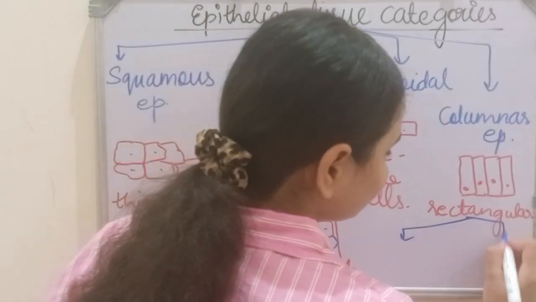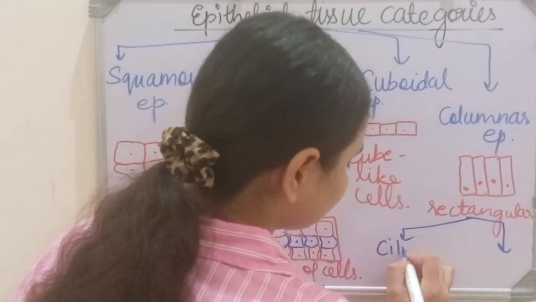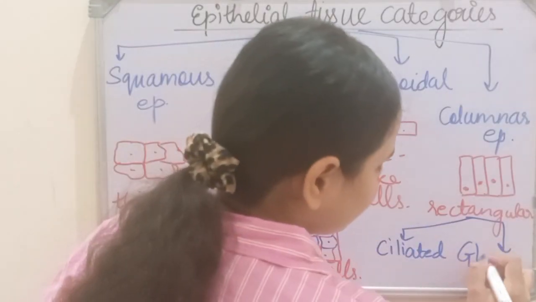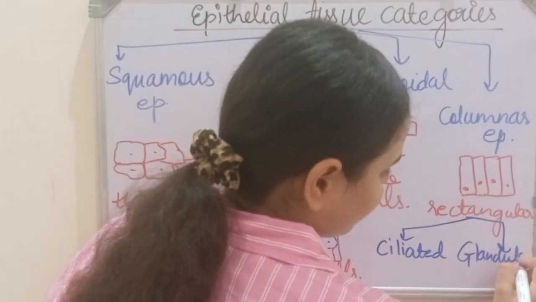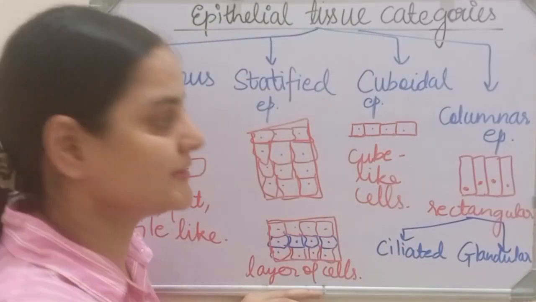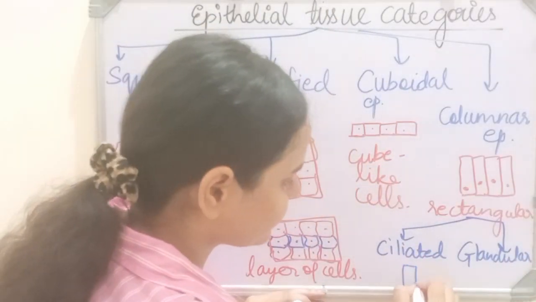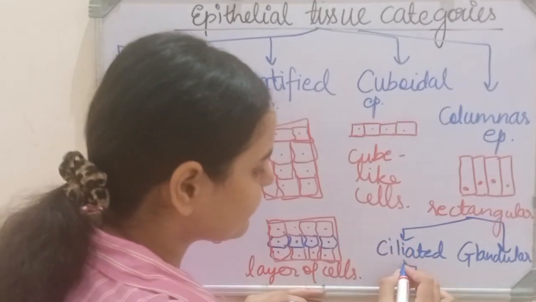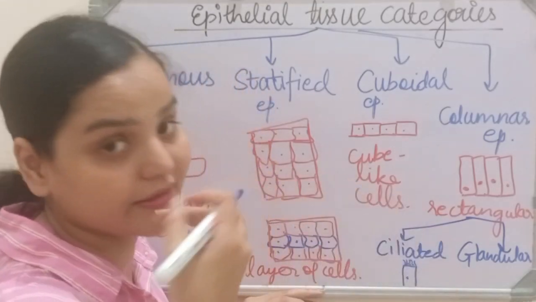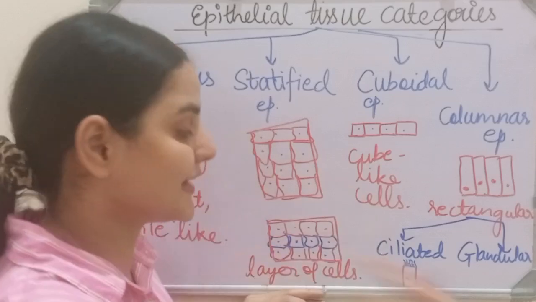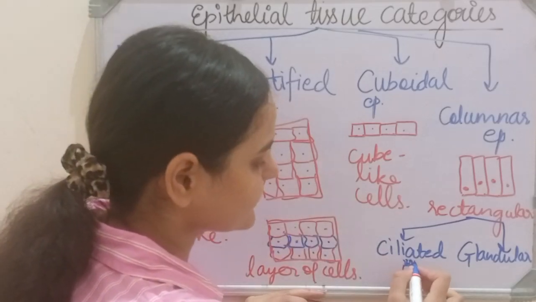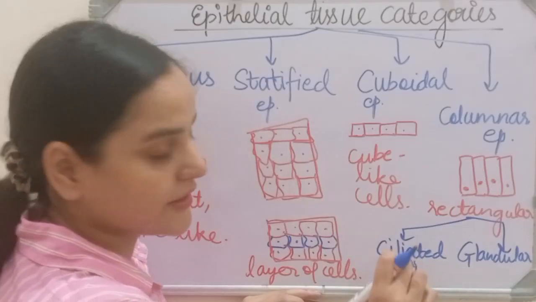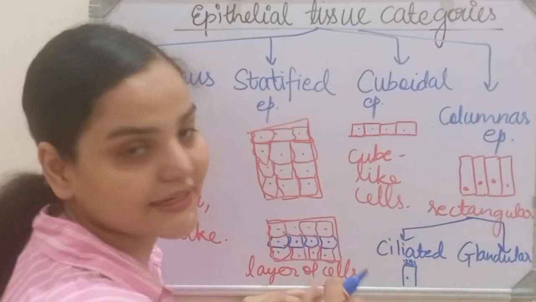Now, based on the function these columnar epithelium perform, it is further divided into two categories. One is ciliated and the other is glandular. So in ciliated epithelium, suppose this is the columnar epithelium. On its surface cilia will be present. These cilia are finger-like projections that help in secretion and absorption of substances. Because of the presence of cilia on the columnar epithelium, these are categorized as ciliated epithelium.